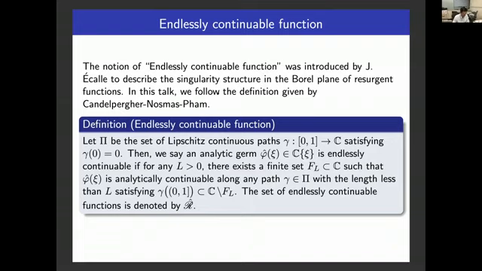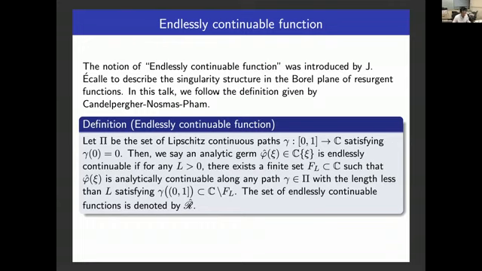So, the definition. Let Pi be the set of Lipschitz continuous paths gamma, with parameter from 0 to 1, to the complex plane, satisfying gamma(0) equal to 0.